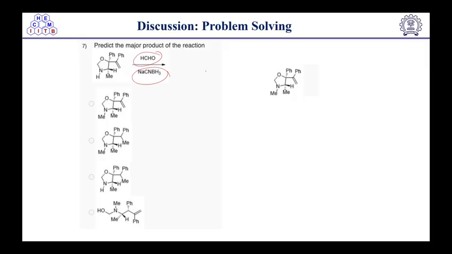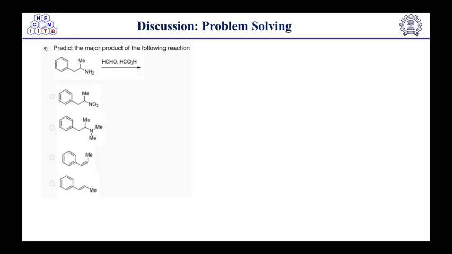So methylation will take place. I will give you a hint: the nitrogen will attack on the aldehyde and then the hydride transfer will give you the desired product. We have already discussed this type of mechanism also. So the methylation will take place on this place and you will get the correct answer as option number A. So go and solve yourself. If you are not getting it, we'll discuss in the next class.